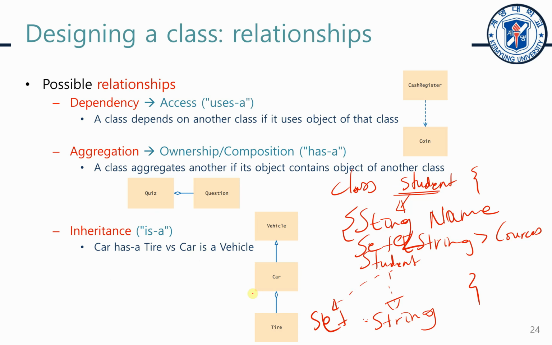A car has a tire, but a car is a vehicle. So when it is an inheritance, we call it an is-a relationship. So when you work with multiple classes, you have to know this relationship, whether it is a dependency, an aggregation, or an inheritance relationship that the two classes have.